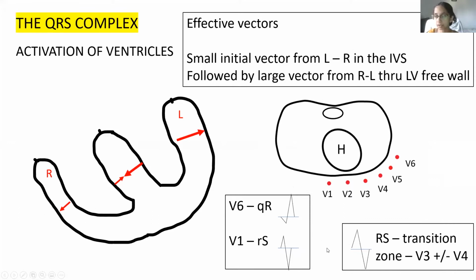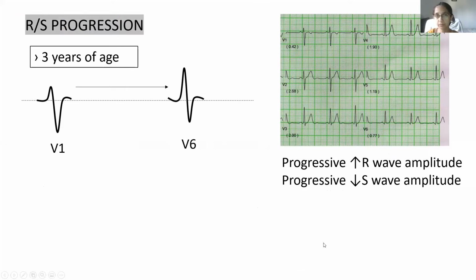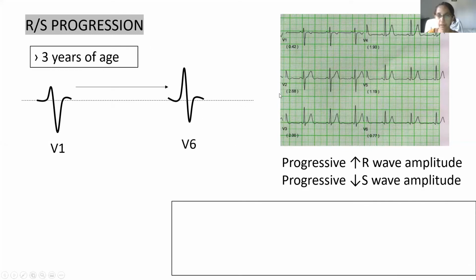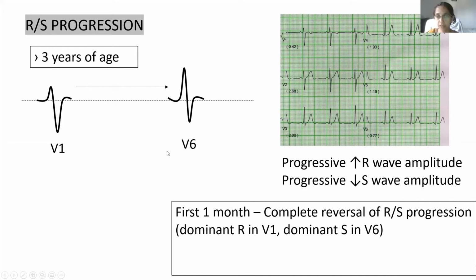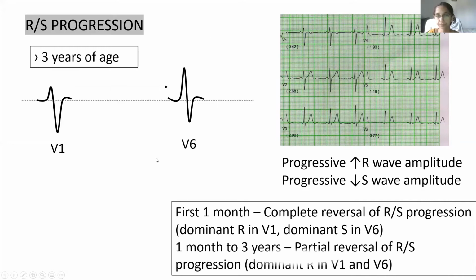The transition, we spoke about last week, is the equal amount of R and S in V3 or V4, and the RS progression from a dominant negative to a dominant positive QRS happens after 3 years. However, younger than 3 years of age, it is going to be a complete reversal. That means this is going to be dominantly positive and this is going to be dominantly negative.